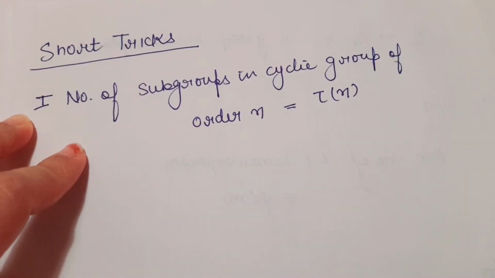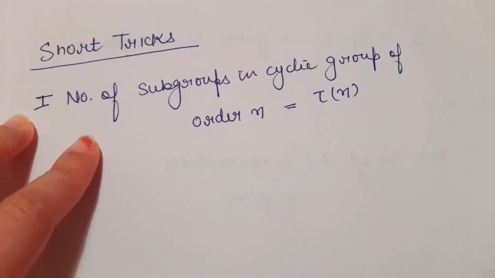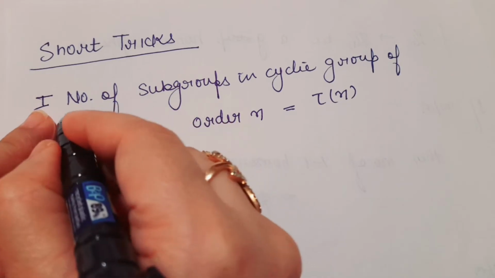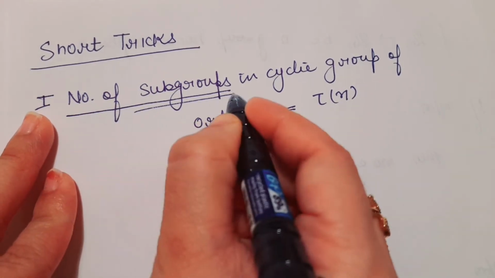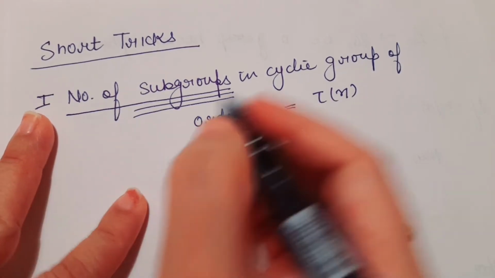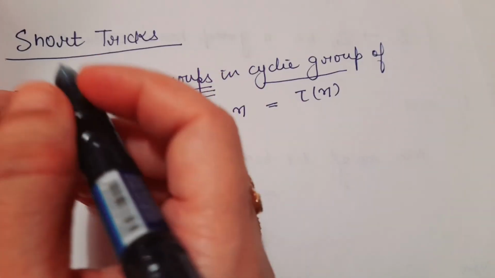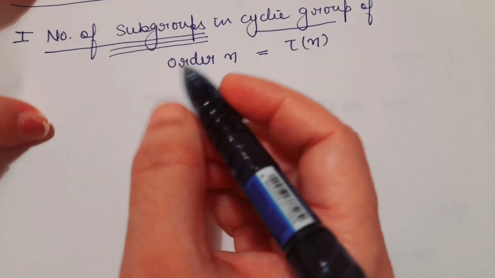This is the first short trick: the number of subgroups in a cyclic group of order n is tau n. If you need to calculate the number of subgroups and you know that the group is cyclic, and you can check with many short tricks whether a group is cyclic or not, that I will not discuss in this video.